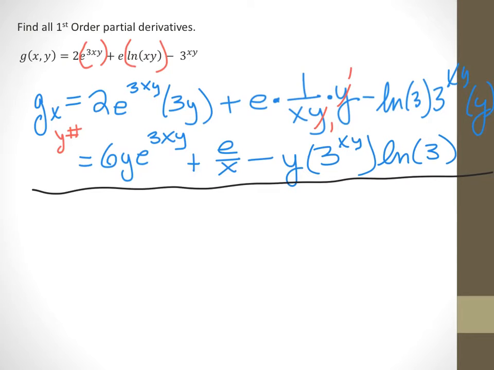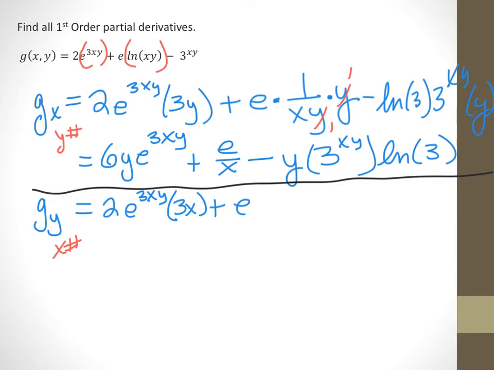Okay. Let's go ahead and now take the partial derivative with respect to y. X is a number. 2 comes along for the ride. E to the 3x is a function of y, so we're going to keep the 2. E to the 3xy. Chain rule out, the derivative of the exponent with respect to y is just 3x.